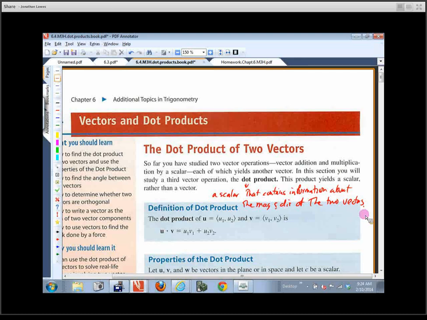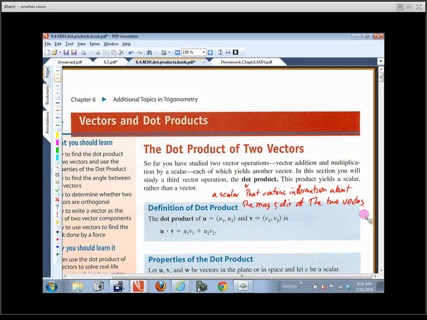Now, it's true it's just a scalar. And this isn't a technical definition of what the dot product is, but that is in fact what the dot product contains. It's got information about the two original vectors. It seems weird that one single number can contain information like that, but it does. And we're going to run into something when we start covering matrices that does something similar. It's called a determinant. Oh, did I hear a groan there?